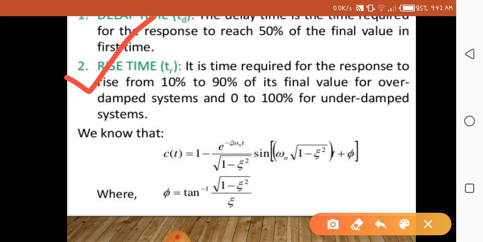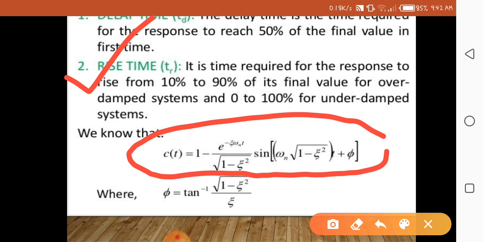Generally, for the time response of a second order control system, it is given by the expression c(t) = 1 - e^(-ζωn t) / √(1 - ζ²) × sin(ωn√(1 - ζ²) t + φ).